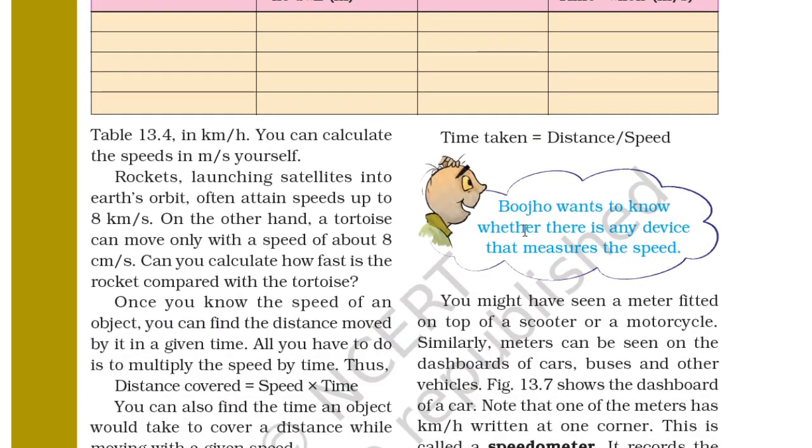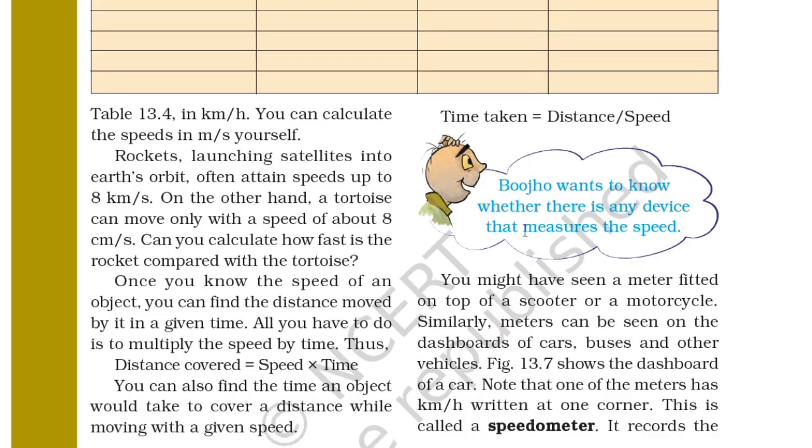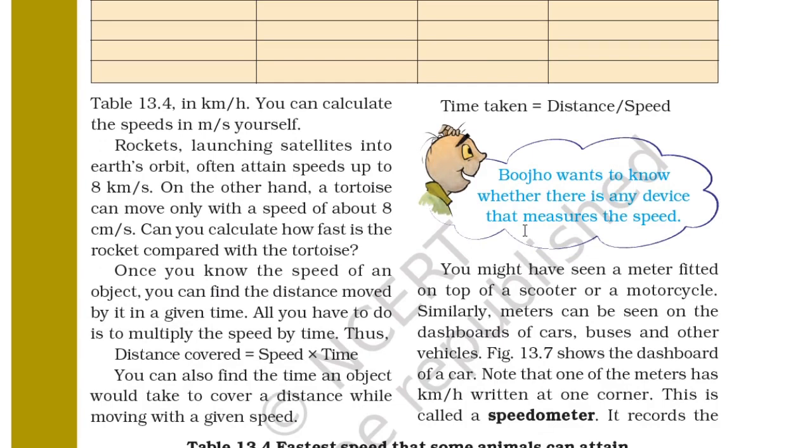Rockets launching satellites into Earth's orbit often obtain speeds up to 8 km per second. On the other hand, a tortoise can move only with a speed of about 8 cm per second. Can you calculate how fast the rocket is compared with the tortoise?